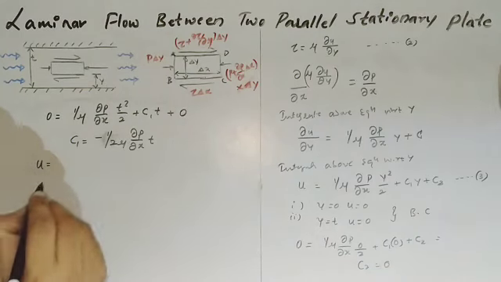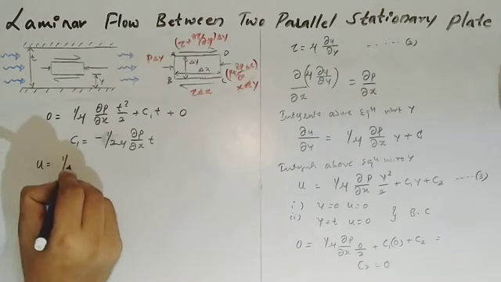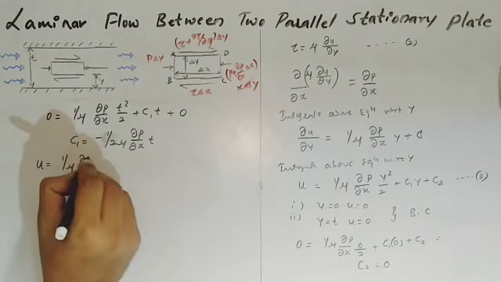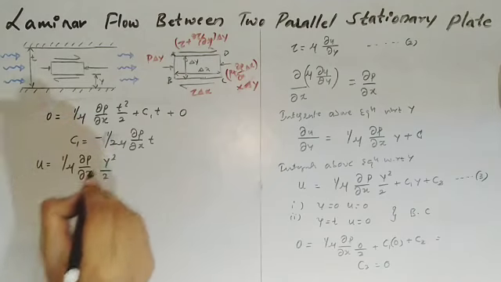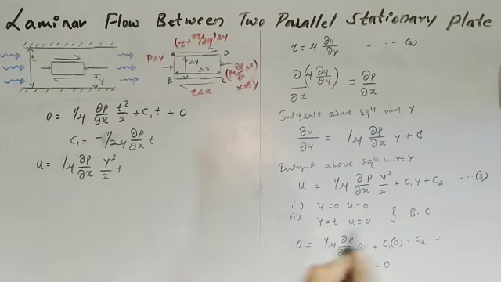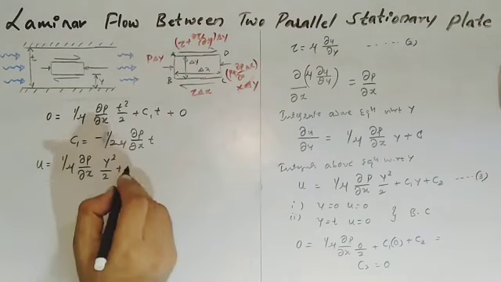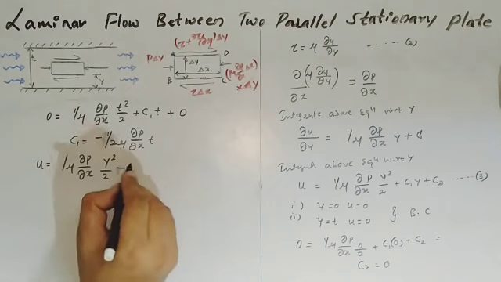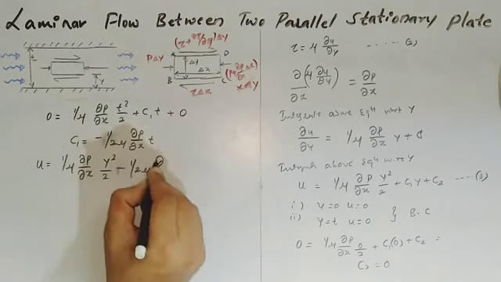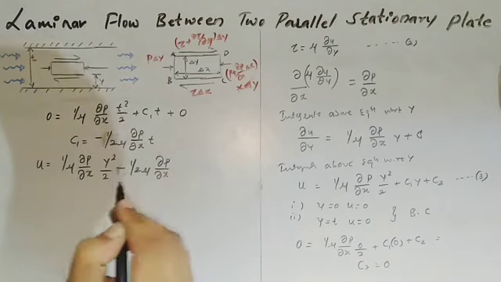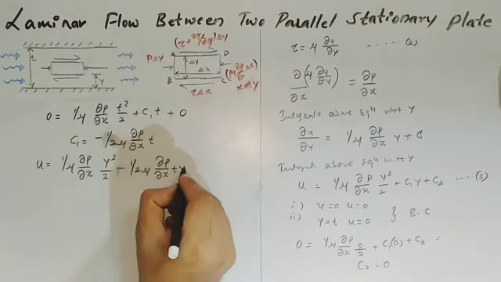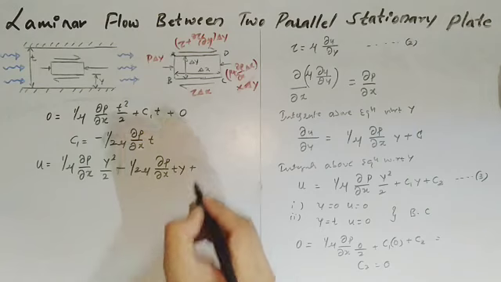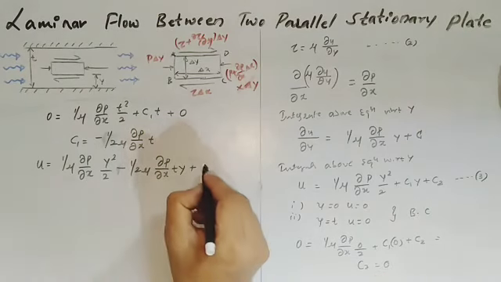So u will be equals to 1 by mu dou p by dou x, y square by 2 plus c1 value is, I will write directly, that is minus 2 mu dou p by dou x into t into y, plus c2 value is 0.